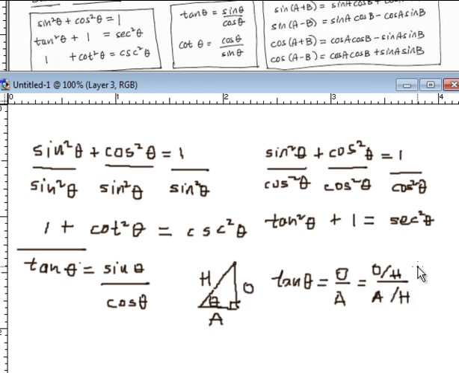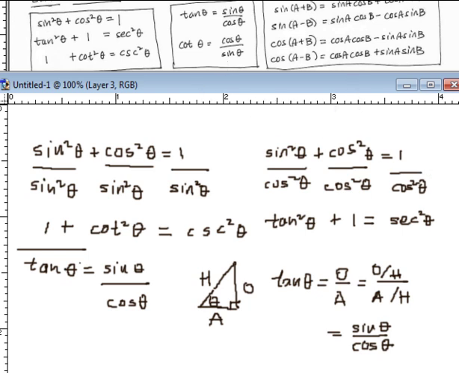That's sine over cosine. So tangent theta is equal to sine theta over cosine theta, another basic identity. And since cotangent is 1 over tangent, the reciprocal, cotangent theta is cosine theta over sine theta. Alright, so those are those identities.